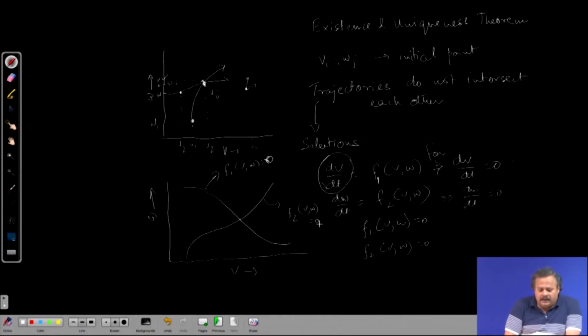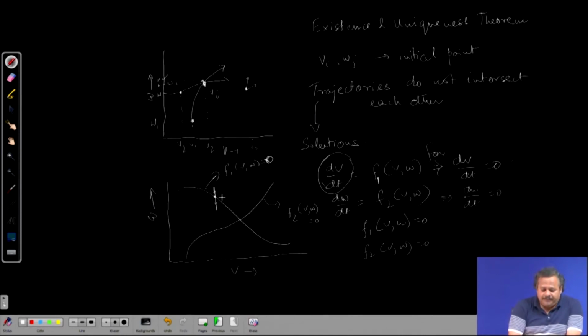then at this point, if the system is there, then there is no net flow along the V direction, that is, in the horizontal direction, which means if we have a trajectory crossing this line, it must cross it vertically. That is, the direction of flow must be either upwards or downwards at that particular point.